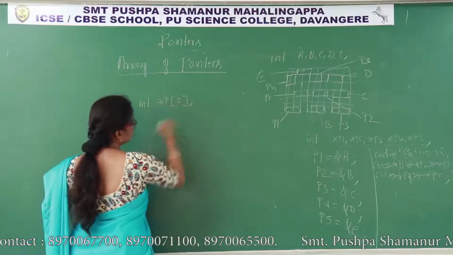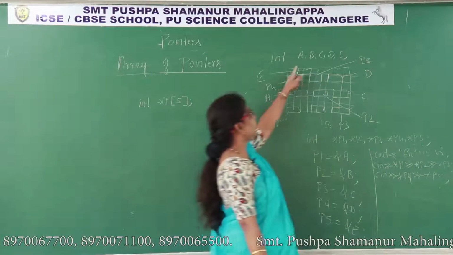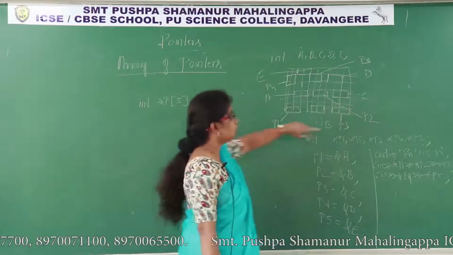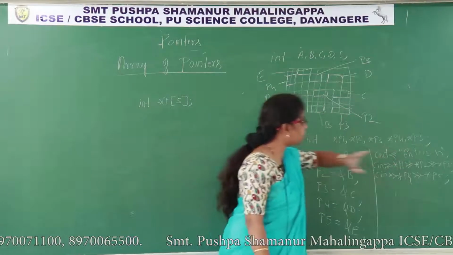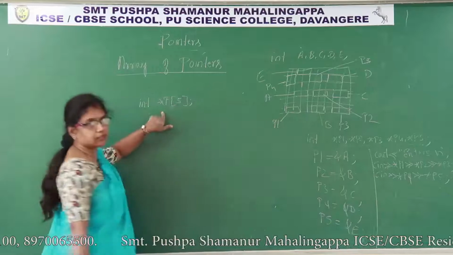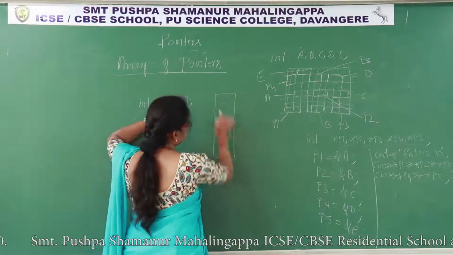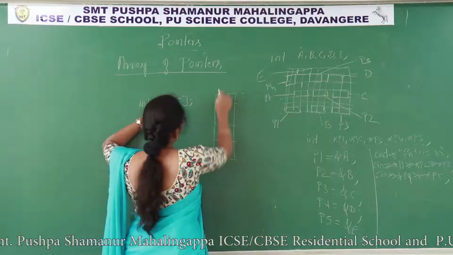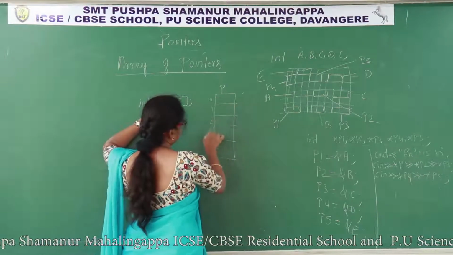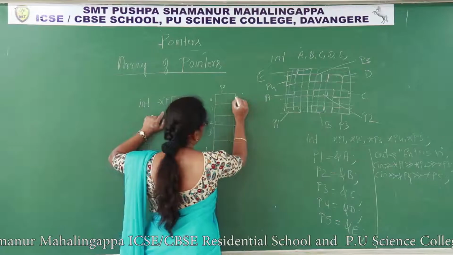How many variables address I want to store? 5 variables address I want to store. Instead of taking 5 different pointers like this, I can take like this, so that the memory allocation will be like this. P 0, 1, 2, 3, 4. Address are like this, 500.